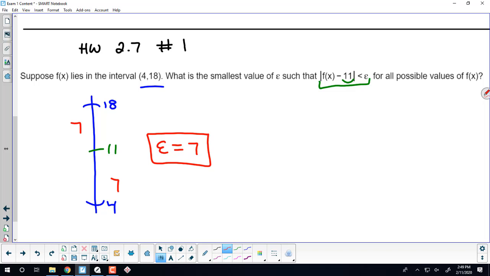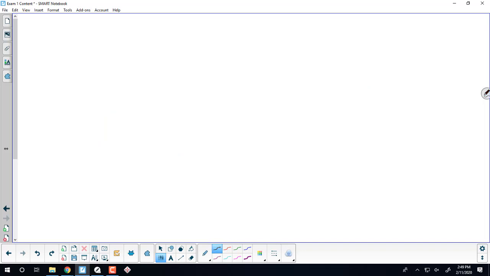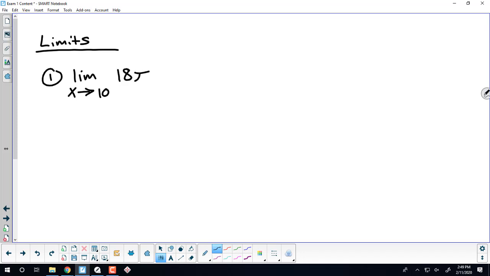Okay, I guess we're going to look at some limits. The limit as x approaches 10 of 18 pi cubed?